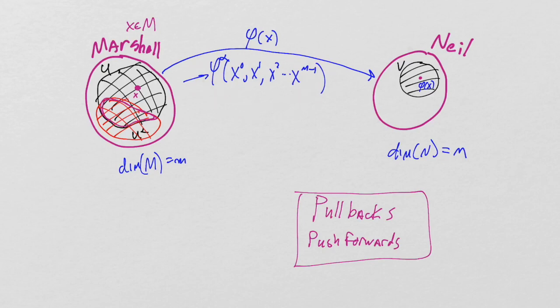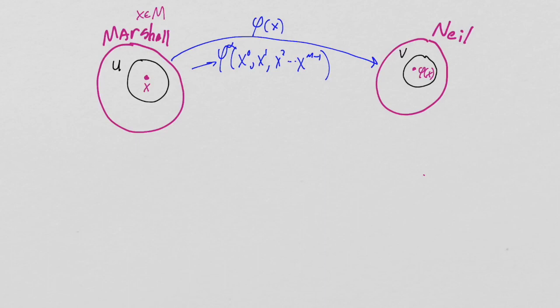Okay, so let's begin. The whole notion of this topic, pullbacks and push forwards, is all about how this function that goes from Marshall to Neal induces other functions that go from other spaces that necessarily exist because these guys are manifolds. So for example, in Marshall, one of the spaces that exists at every point, including the point x, is the tangent space, right?